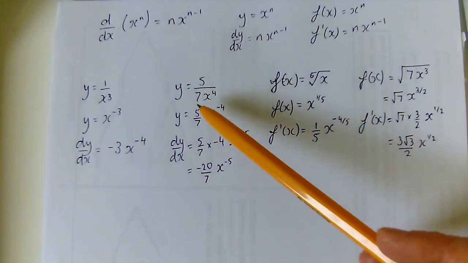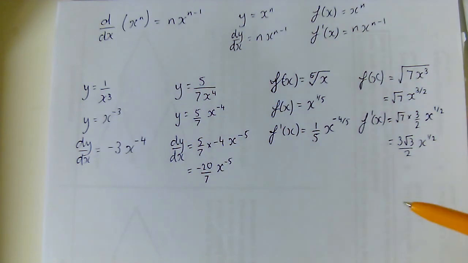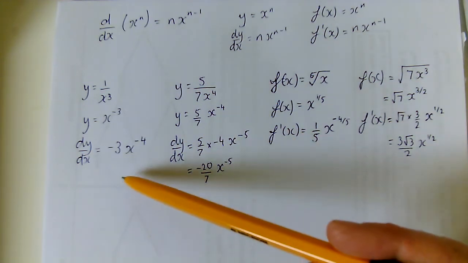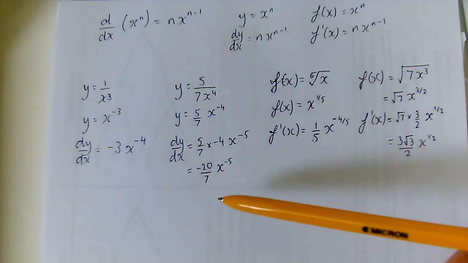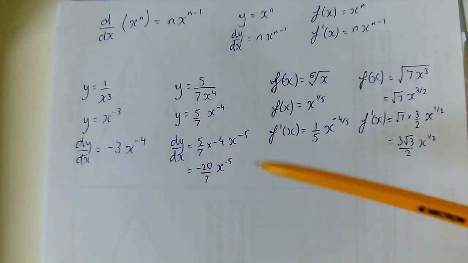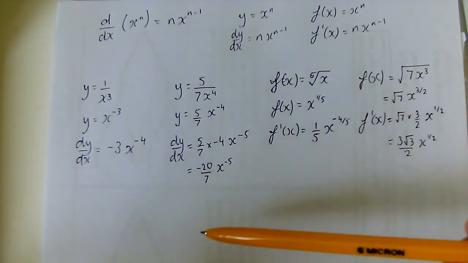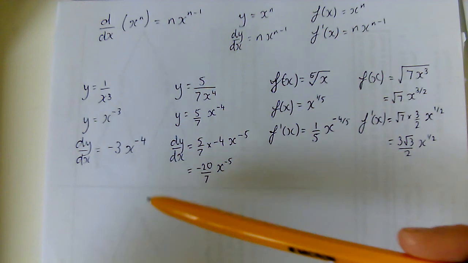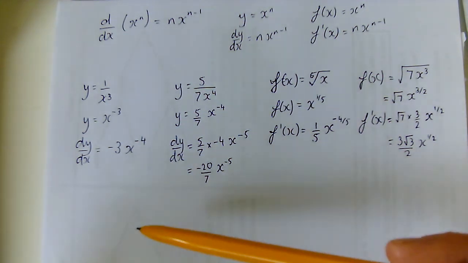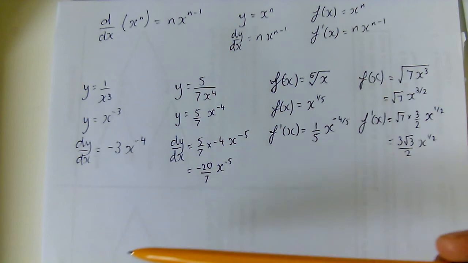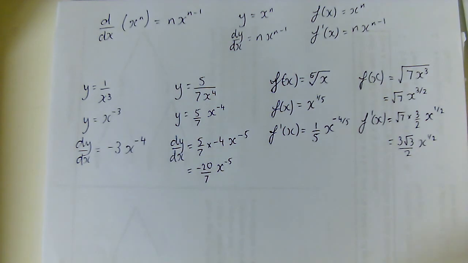So you write it in the form x to the n, and then you apply the rule that we've learnt. Then at the end, if that's all that's asked of you, just leave it like that once the numbers are tidied up. If instead you are, for example, given a gradient and told that your gradient equals that, and at what point does it equal that? So you're going to solve an equation or find the value of the gradient at a particular point.